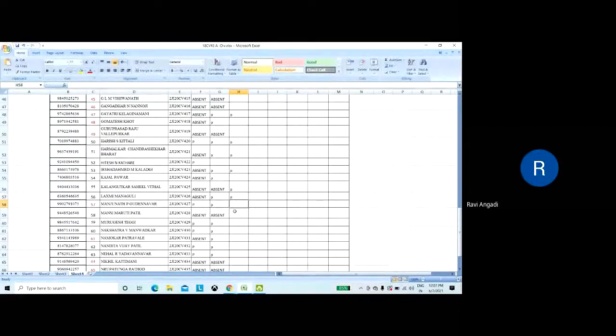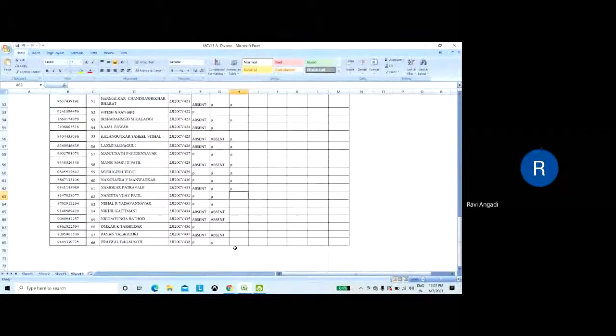Manjunath Gudennaur, Yes, sir. Mansi Patel, Present, sir. Murugesh Teggi, Present, sir. Nakshatra, Yes, sir. Namokar, Yes, sir. Nandita, Yes, sir. Nehal, Yes, sir.